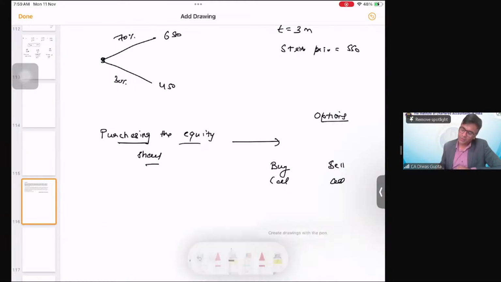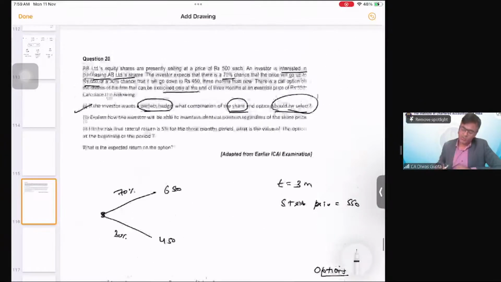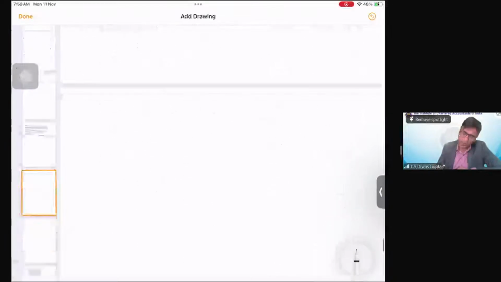I think the first answer was right. Who has given the first answer? That was right, which is selling the call option. Why? Because the question is saying that the perfect hedge is required and both shares and options should be selected. And in the above part, the question has specified that purchasing the shares is what the investor wants. Clear?